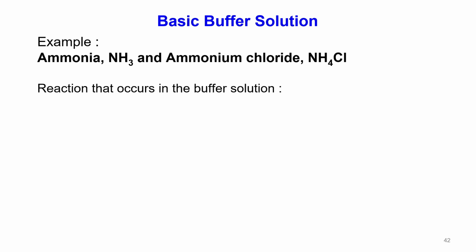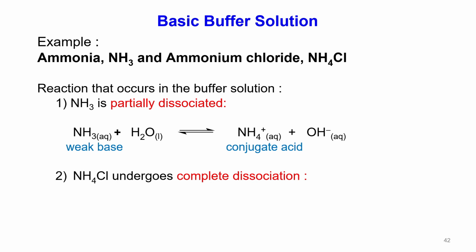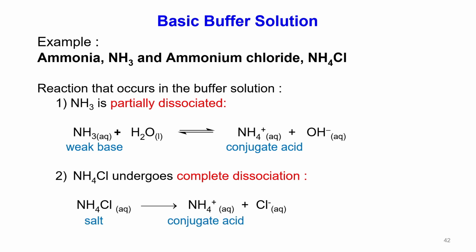The reaction that occurs in the buffer solution: ammonia is partially dissociated. When ammonia partially dissociates in water, it will produce NH4+ and OH-. Ammonium chloride undergoes complete dissociation and will produce NH4+ and Cl-. So it is a salt and the conjugate acid. So the effect is the same as the acidic buffer solution.